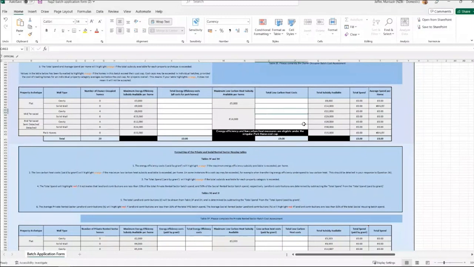So first of all, we know that the cost of our air source heat pumps. So here we know, for example, that 4 times 10,000, or 6 times 10,000.